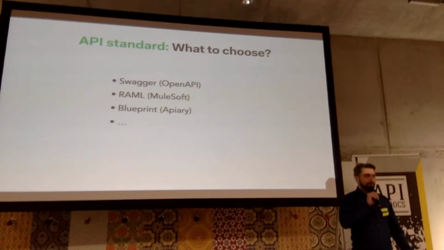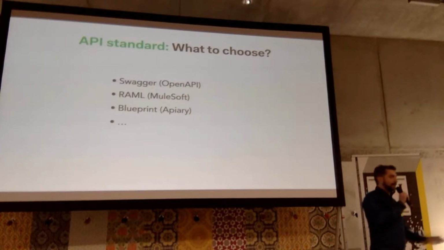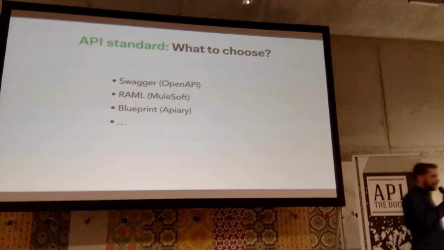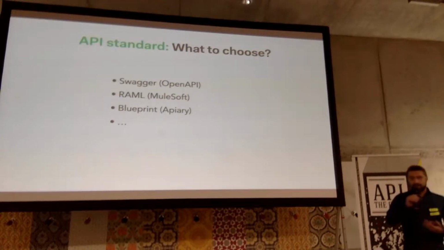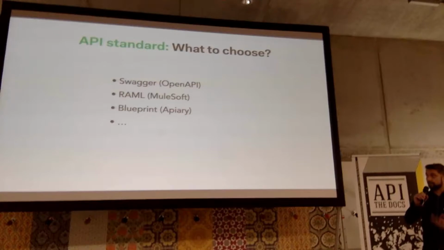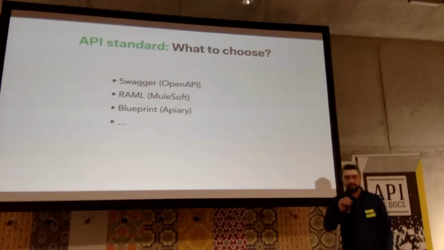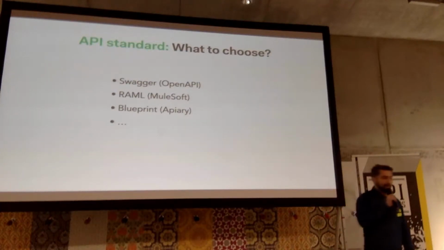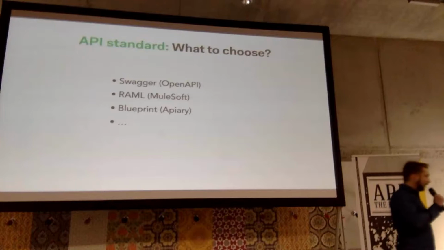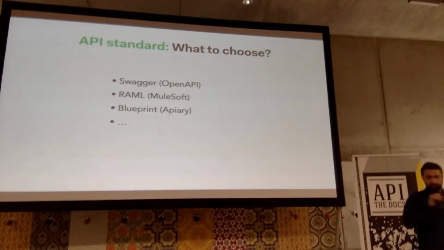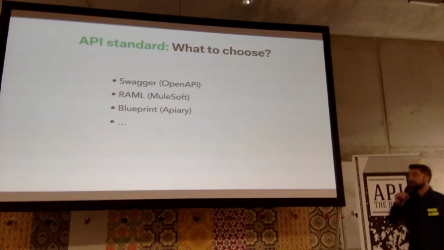When we looked at them, we decided, okay, why do we need to create our own specification since we already have the standards? Experts from the API industry already thought about many possible solutions for how we need to represent the different objects that we have in our API. The only thing we needed to do was to choose which one we'd be using.